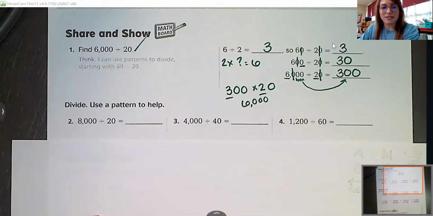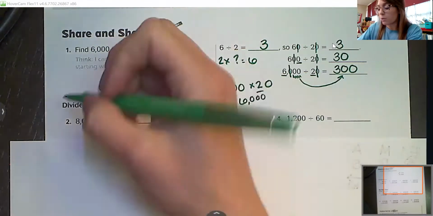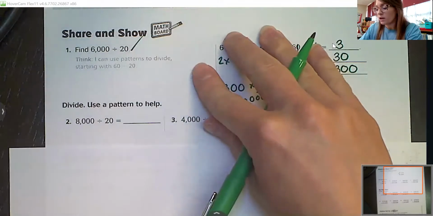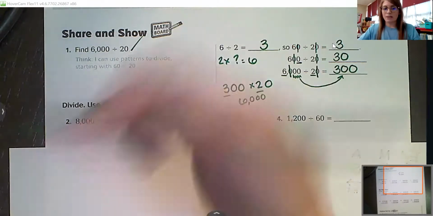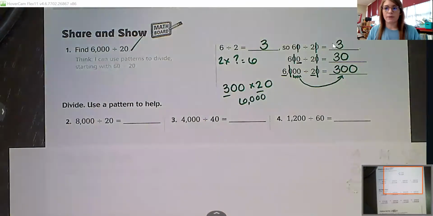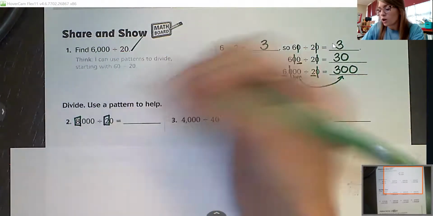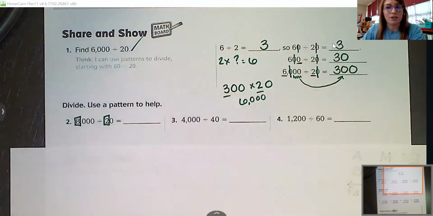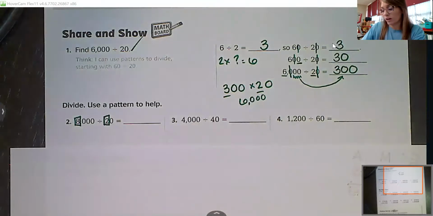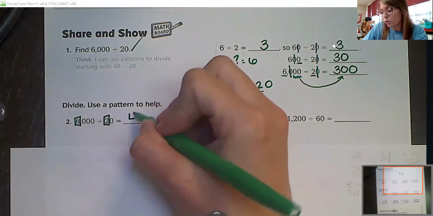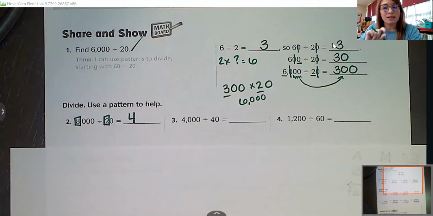All right, let's look at this down here. We've got 8,000 divided by 20. Pull out your basic fact first. What is our basic fact we would use in 8,000 divided by 20? Very good. 8 divided by 2. What is 8 divided by 2? 4. Very good. So I'm going to put that 4 right out there because I know that's at least going to be part of my answer.